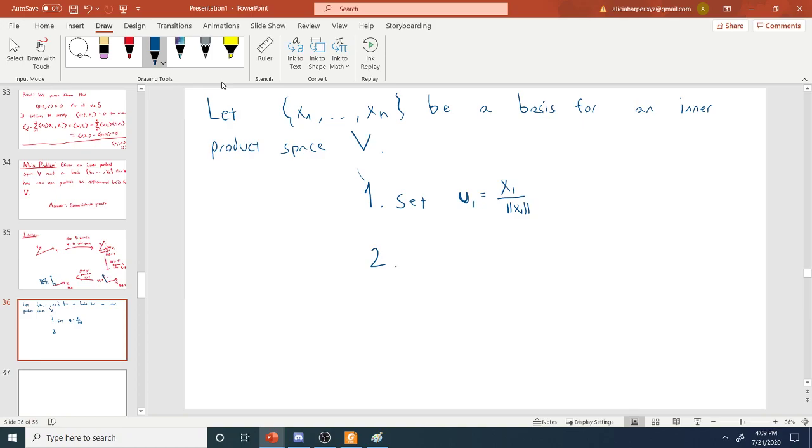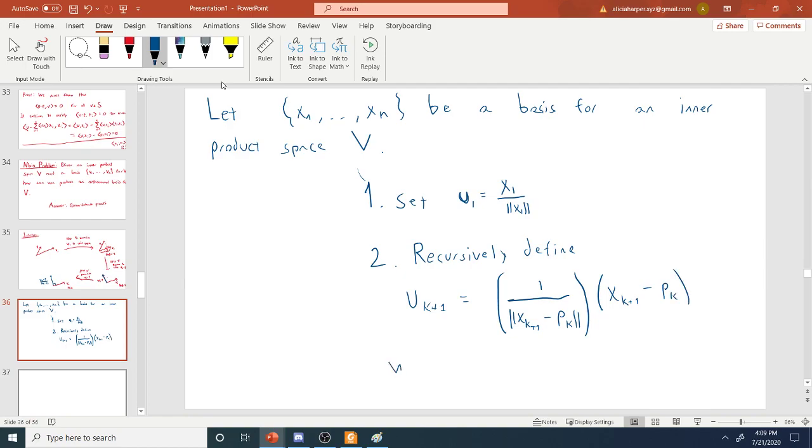And then, for the second step, we're going to recursively define u k plus 1 to be equal to 1 over the norm of x k plus 1 minus pk, times the vector xk plus 1 minus pk, where pk is equal to the sum from i equals 1 to k of the inner product of x k plus 1 with ui, times ui.